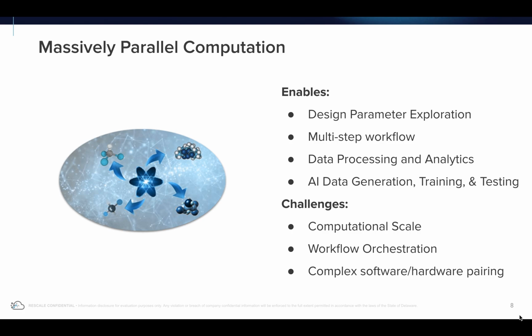And then finally, each component of these multi-step workflows, or even each parallel thread in a massively parallel computation, may reflect its own unique software-hardware pairing. You may be running CFD across hundreds of CPUs with MPI, or maybe just a handful of GPUs.